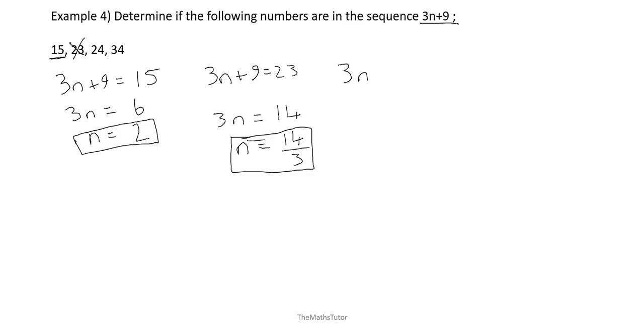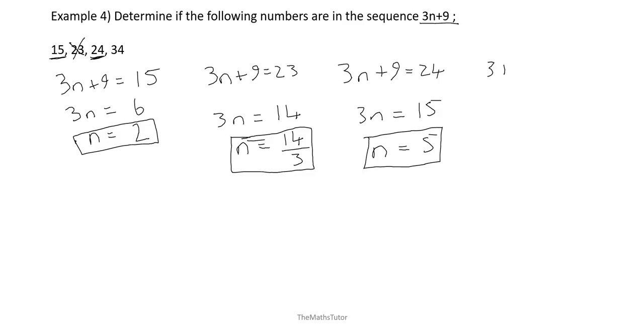The next one is 3n plus 9 equal to 24. This gives you that 3n is equal to 15, which gives you that n is equal to 5. Here I've just minused the 9 from both sides, and here I've just divided by 3 on both sides. 5 is of course a whole number, so you can conclude that 24 is part of the sequence.